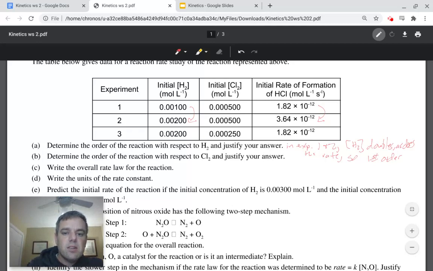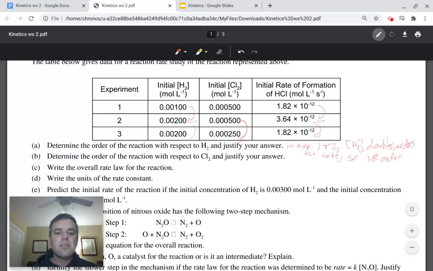For B, if we want to compare and see what happens here, we have this trial between experiments 2 and 3, where chlorine is cut in half, the rate gets cut in half, so that would also be first order.